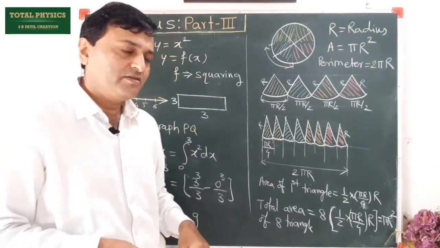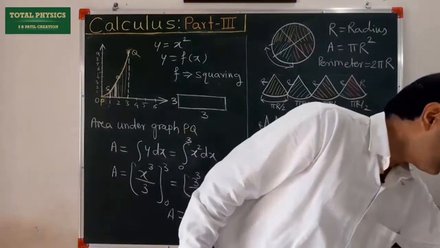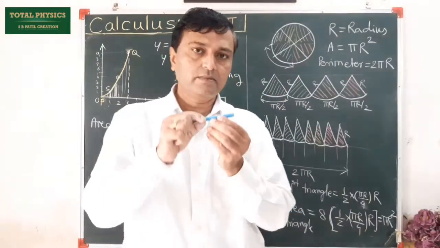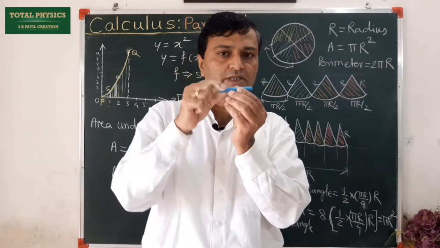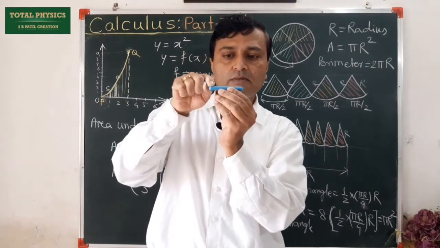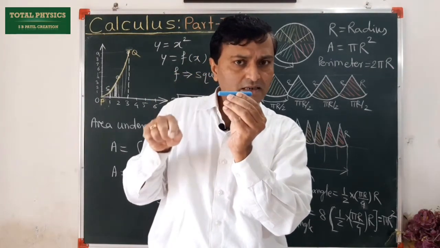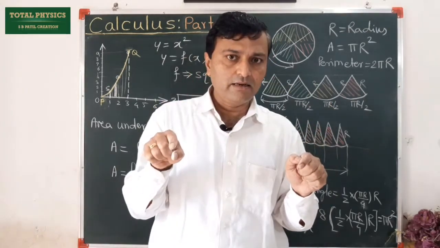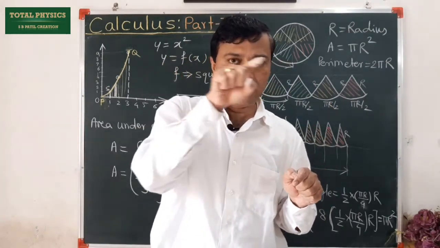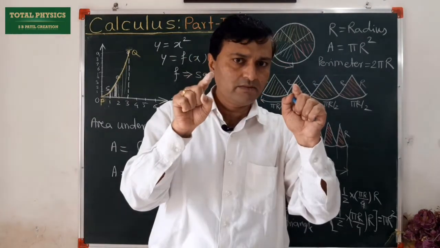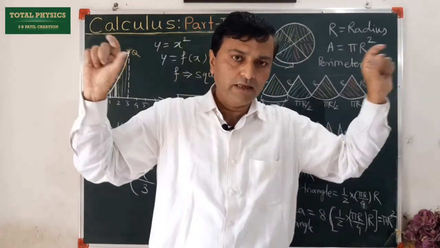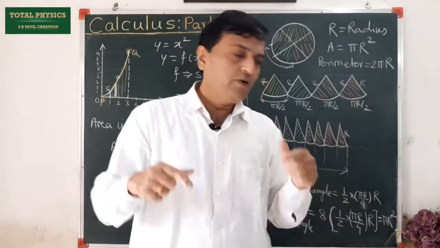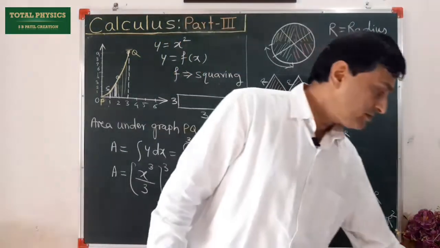One simple question I generally ask. This chalk is actually a cylinder, but this is a line which is straight. You accept. Your mobile is just like a rectangle, and one edge is an exact straight line. Your tube light is an exact straight line. Everyone says this is a straight line.